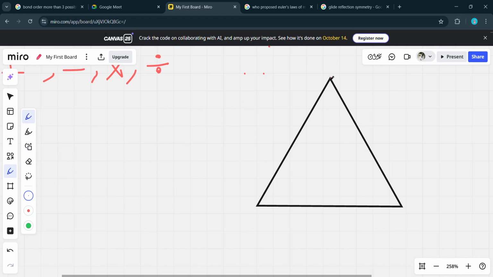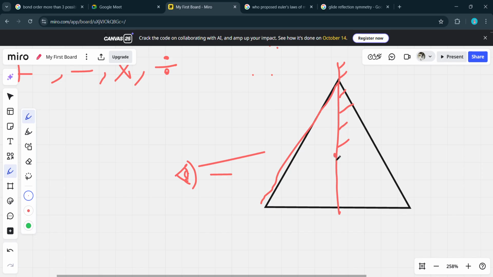For example, when you put a mirror in this line and see it from here, putting a mirror and seeing from here is an operation you have performed. You have done something to the triangle. After doing that, you will see that you are getting the exact same thing.